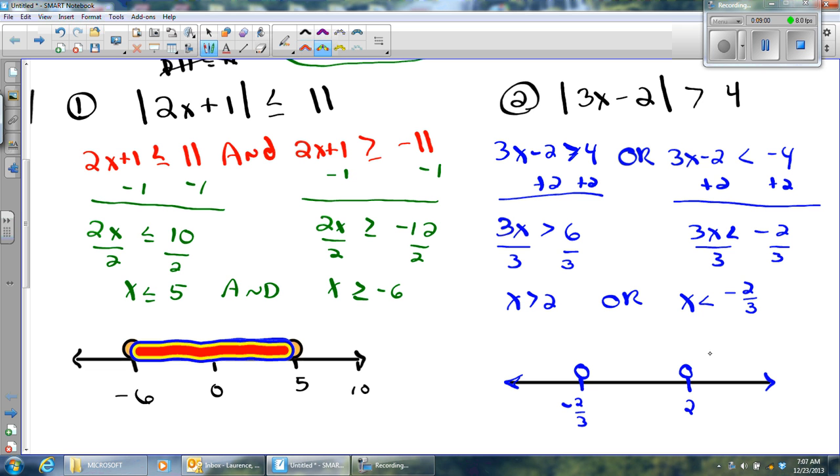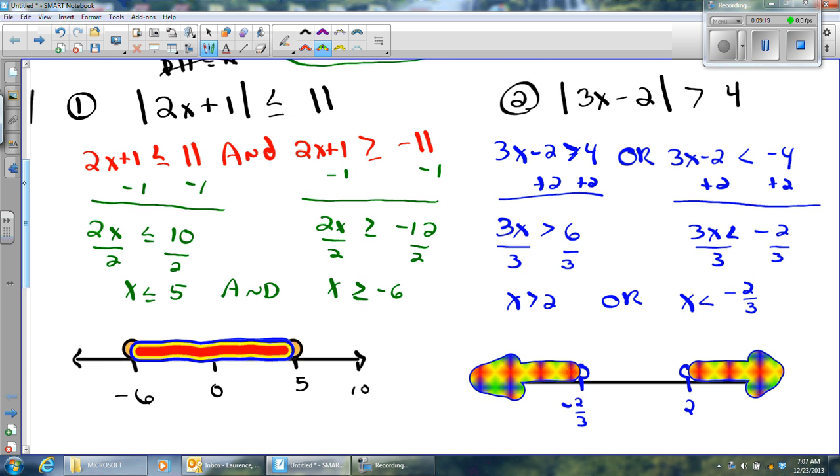Okay, I need the numbers that are greater than 2. Well, they would be this way, right? And then I need the numbers that are less than negative 2/3. That would be that way. So remember what we learned with our hands, with the ands and ors, it applies to the absolute value inequalities.